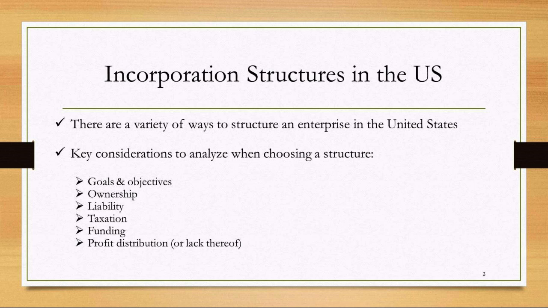That's a really important consideration. What does the liability look like in terms of how this new enterprise will affect your personal life and your assets, financial and otherwise, which there are a lot of protections built into business and corporation structures?